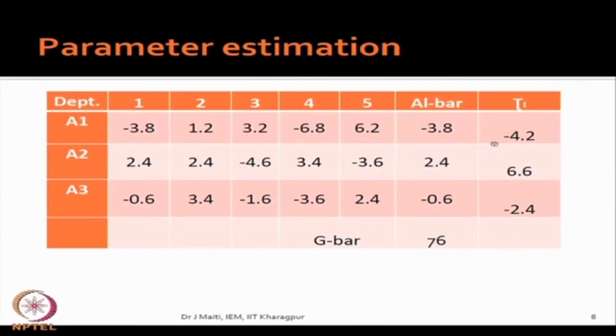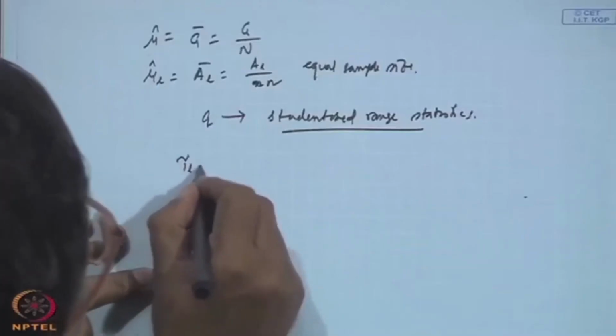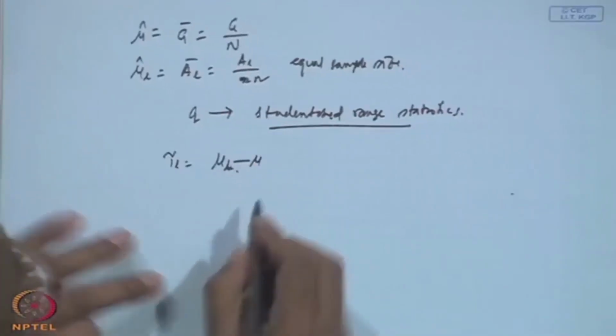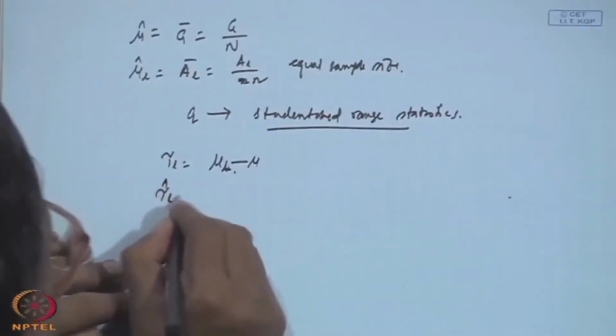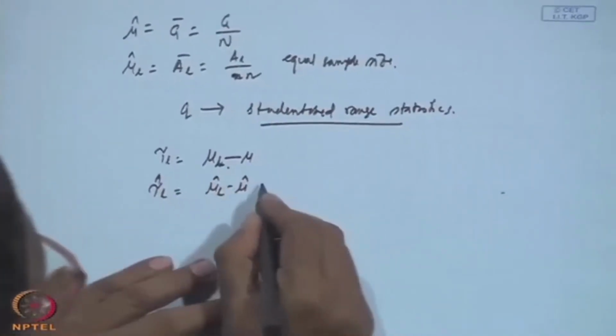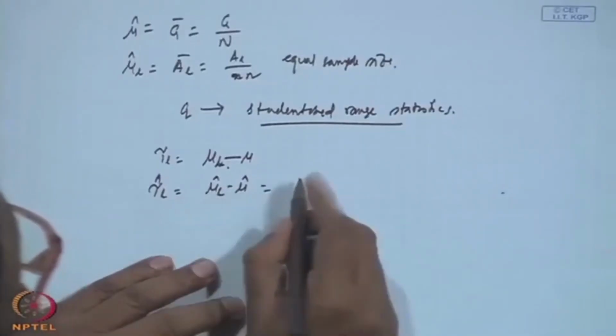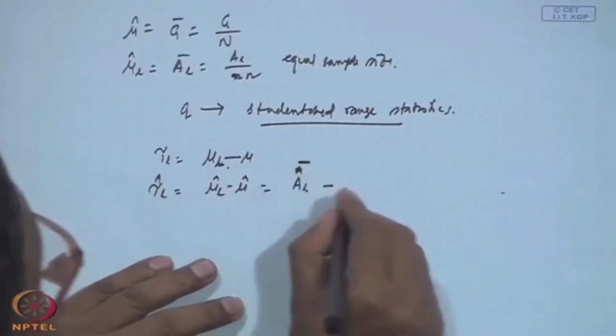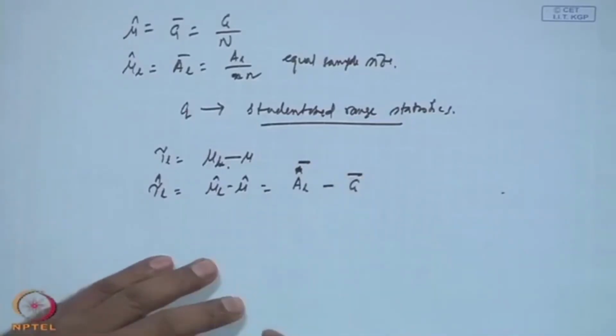What will be tau L? Tau L is mu L minus mu. So tau L estimate is mu L estimate minus mu estimate, that is A L bar minus G bar.